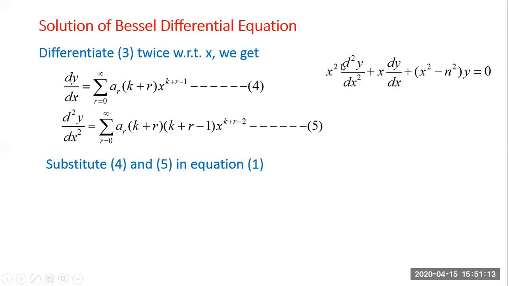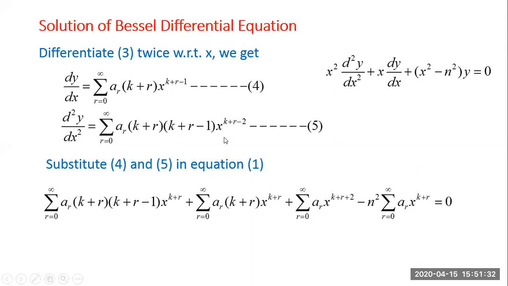It is x square into d square y by dx square, which is given by this sum, so multiply this by x square. We get summation ar (k plus r) (k plus r minus 1) x to the power k plus r minus 2 into x to the power 2, which becomes x to the power k plus r. So you get summation ar (k plus r) (k plus r minus 1) into x to the power k plus r.